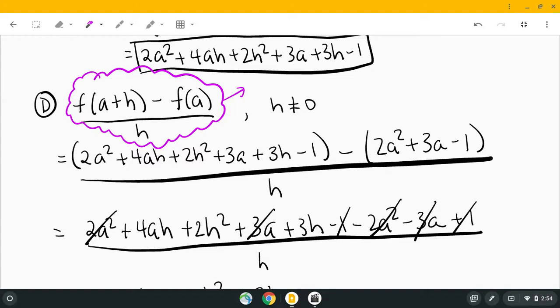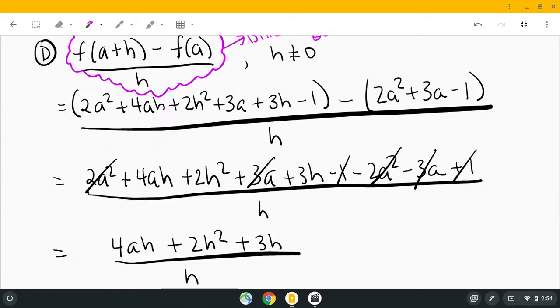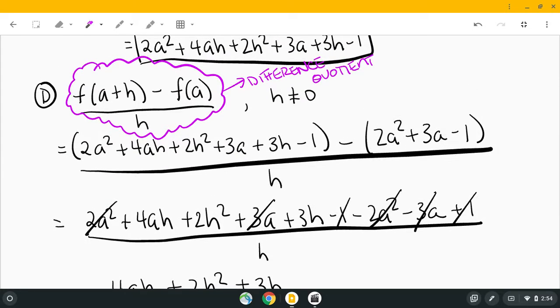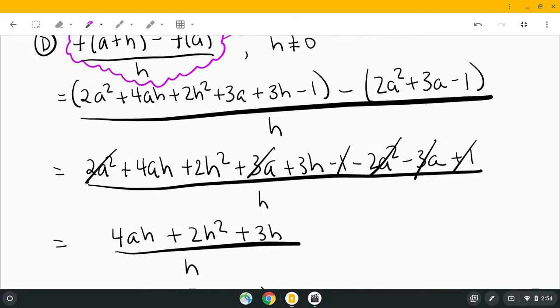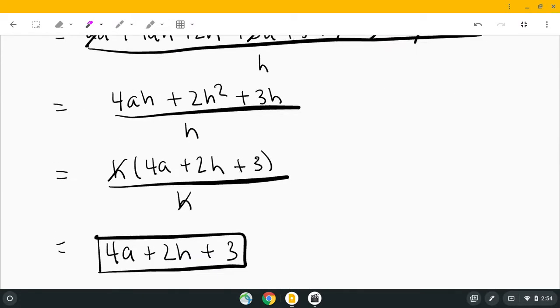I know we're not going to take calculus, but anyway, this is what we call the difference quotient. So you might see the directions say, find the difference quotient. It means find that.